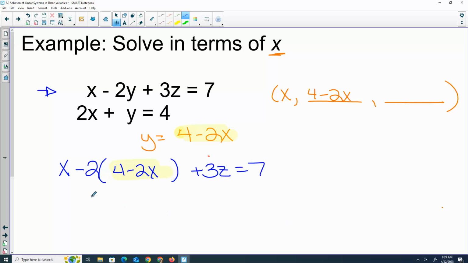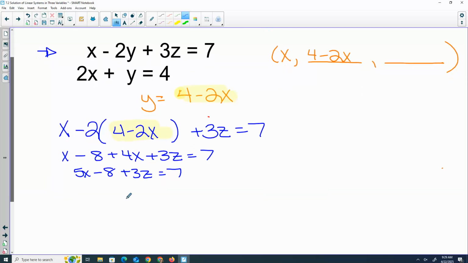Trying to find a formula for z, so we are solving for z. So if we distribute the negative 2, we get 5x minus 8 plus 3z equals 7. If I'm going to get z by itself, I have to subtract over my 5x and add my 8.